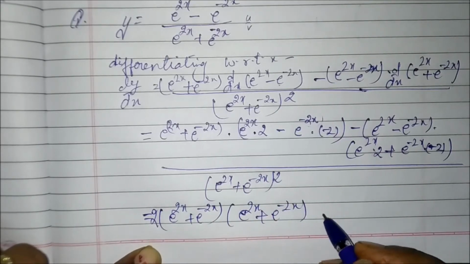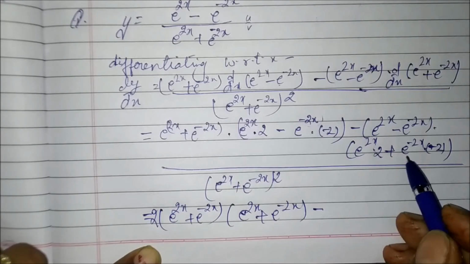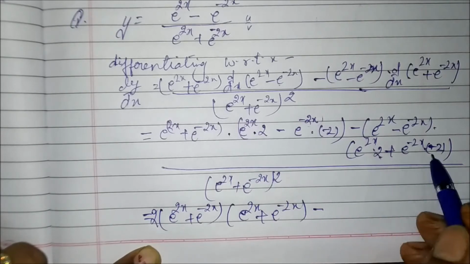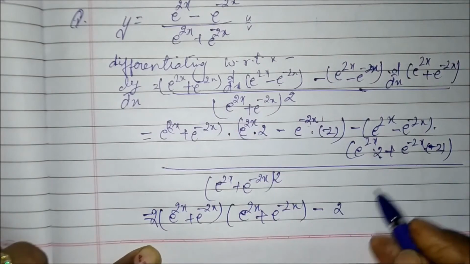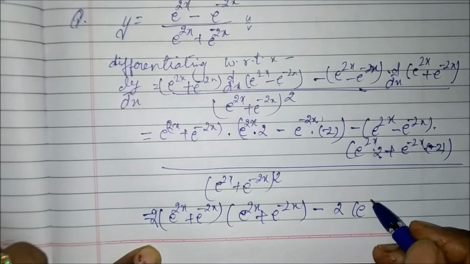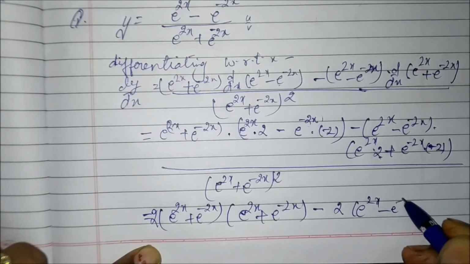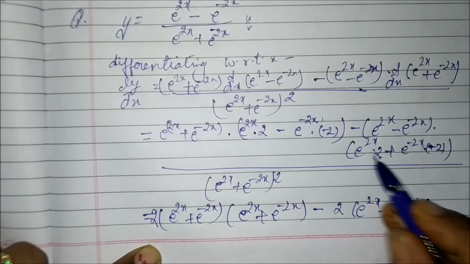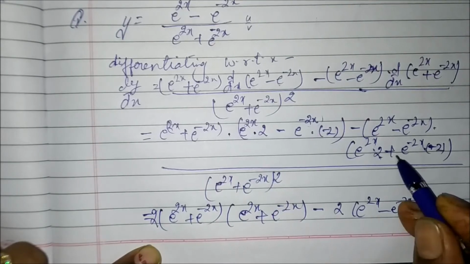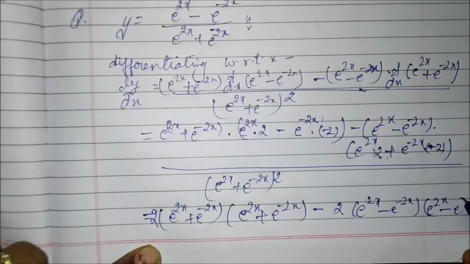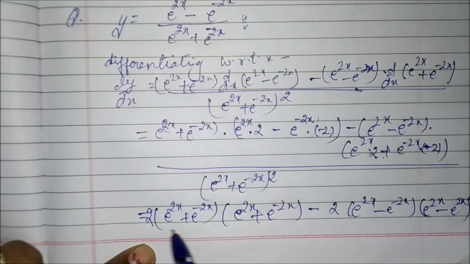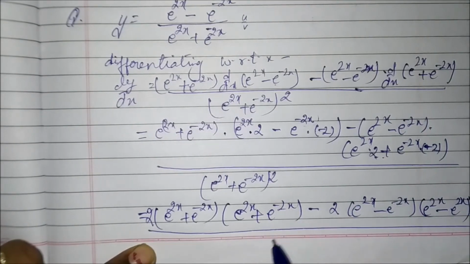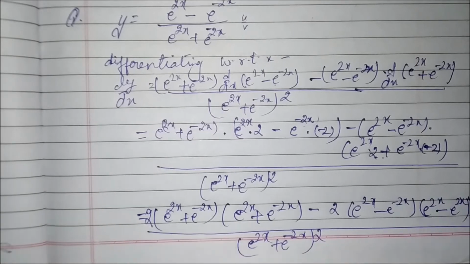Okay, then minus, from here also we can take 2 as common, so we are writing here e raised to 2x, this term is copied, into here e raised to 2x plus minus becomes minus e raised to 2x, upon e raised to 2x plus e raised to minus 2x whole square.